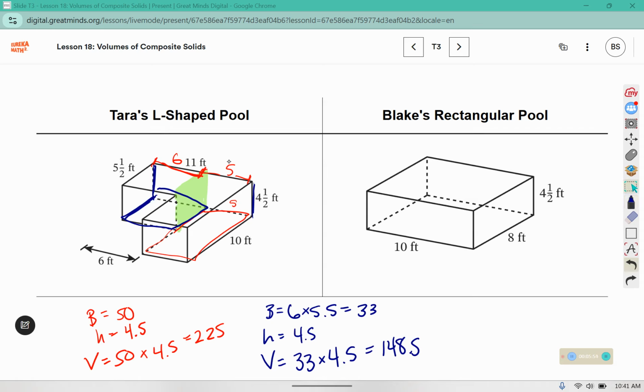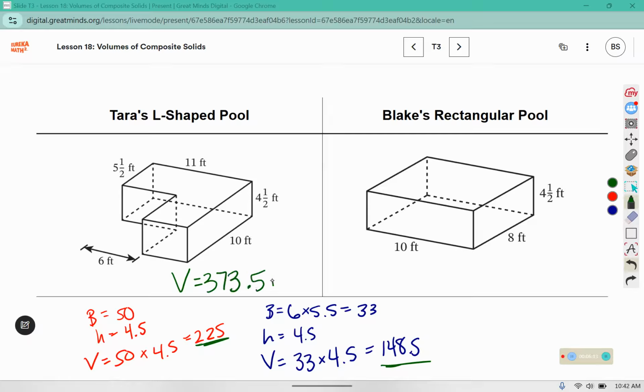So altogether, Tara's pool, we need to add these two values together for a total volume of 373.5 feet cubed.